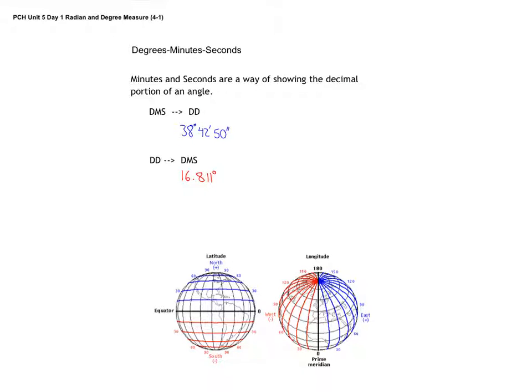Now, another thing that we need to look at with angles, we're kind of hitting a little bit of a hodgepodge of topics here on the first day, because we have a few terms that we need to make sure that we understand before we can really do a whole lot with stuff. Degrees, minutes, and seconds.